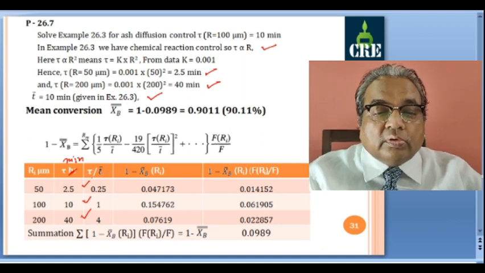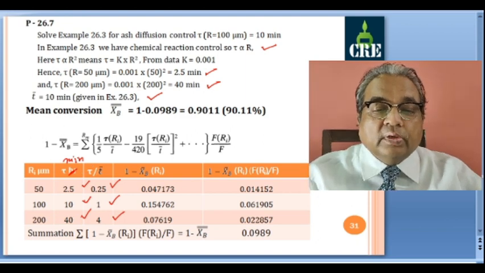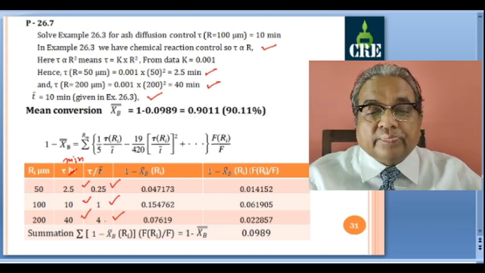So tau by T bar: tau 2.5 divided by 10 is 0.25, 10 divided by 10 is 1, and tau 40 divided by 10 is 4. So the tau by T bar values we are getting from the data itself.